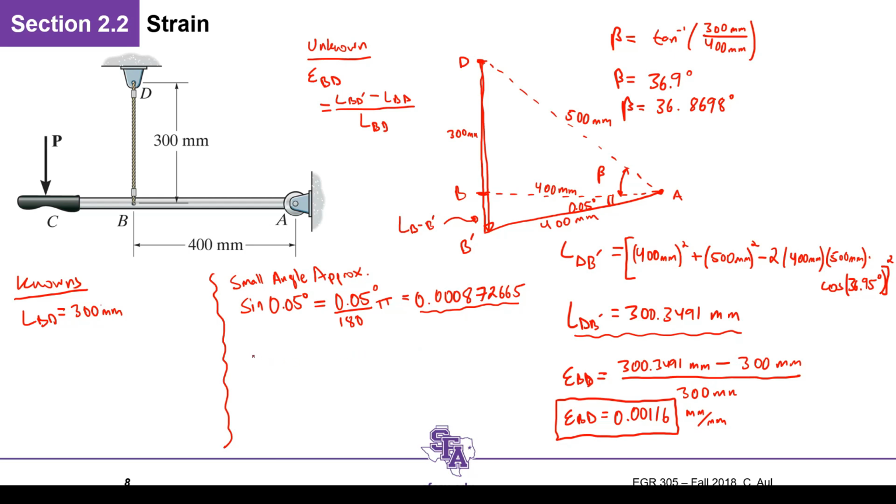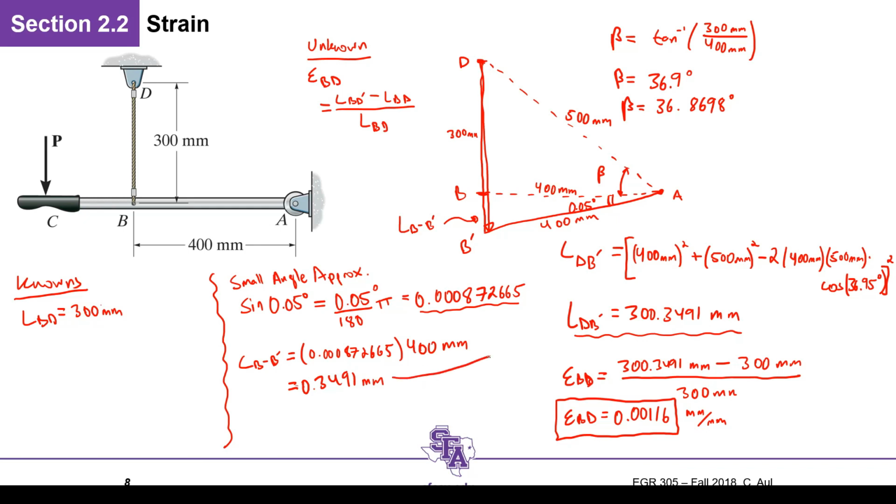But if we wanted to find the LBB prime, that would just be equal to our angle, this angle in radians, 0.000872665, multiplied by, now it's the hypotenuse, right? Which is just 400 millimeters. So multiplied by 400, that's equal to 0.3491 millimeters.